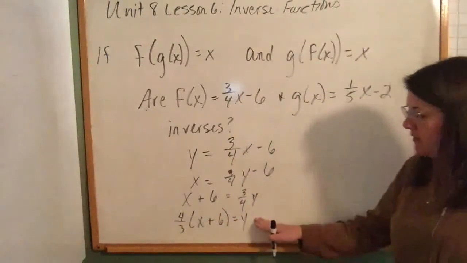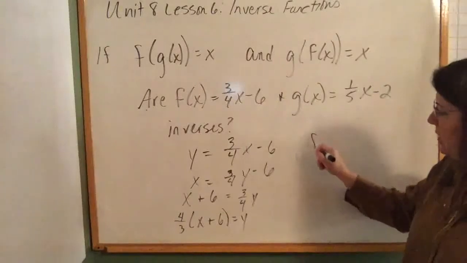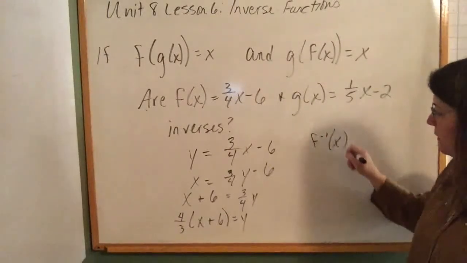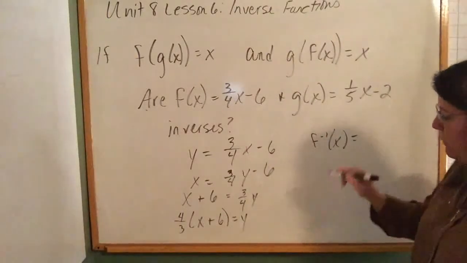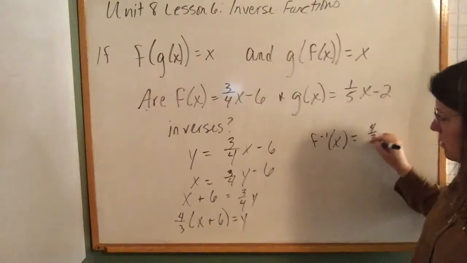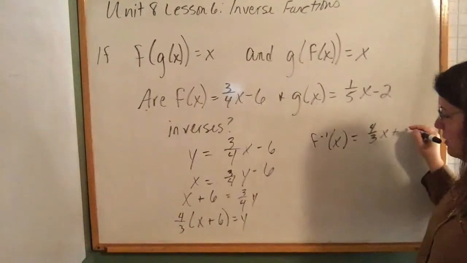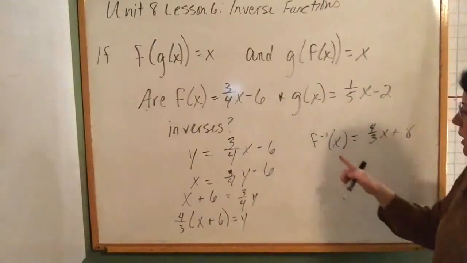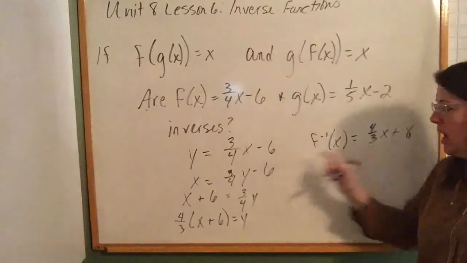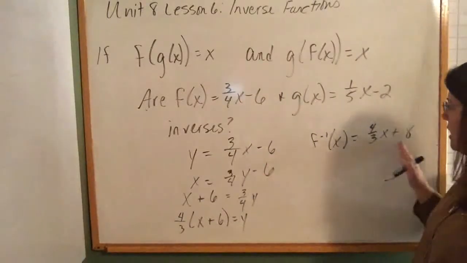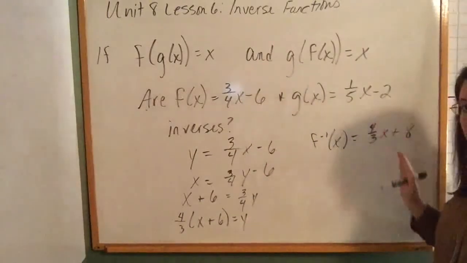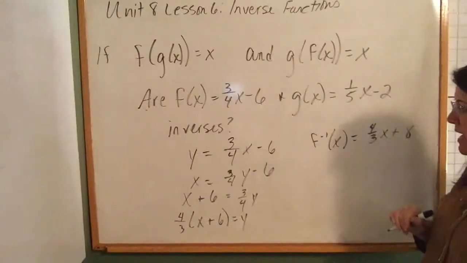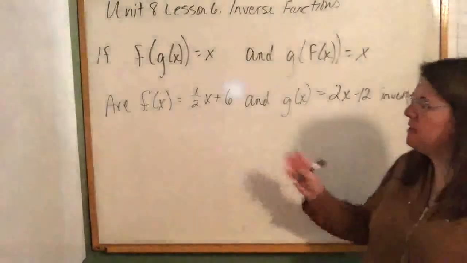And then I'm going to replace the y with the inverse. f inverse of x is equal to 4/3 x plus 4/3 times 6, which would be 8. If they ask, are these two inverses? Well, that looks like no, they're not, because that does not give me the same thing as g of x.